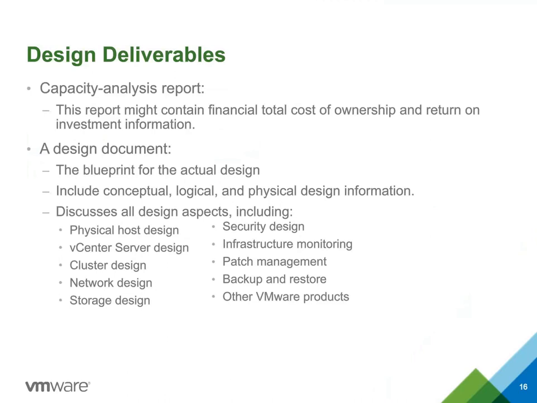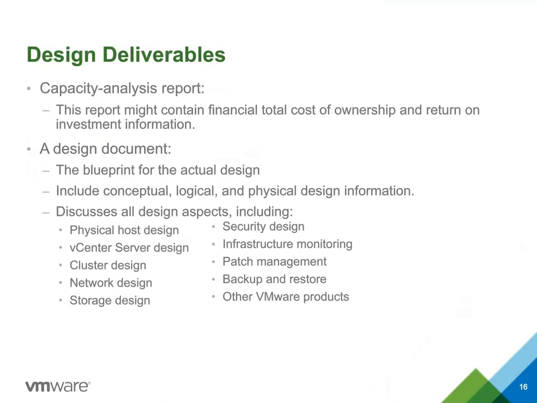On the other hand, essentially every design engagement is going to have some sort of blueprint for the actual design itself. The blueprint will typically contain different levels. For instance, there's a physical design aspect of the blueprint, whereas the physical design gets very, very low level and talks, for instance, about specific components, both hardware and software components and the way things are configured.